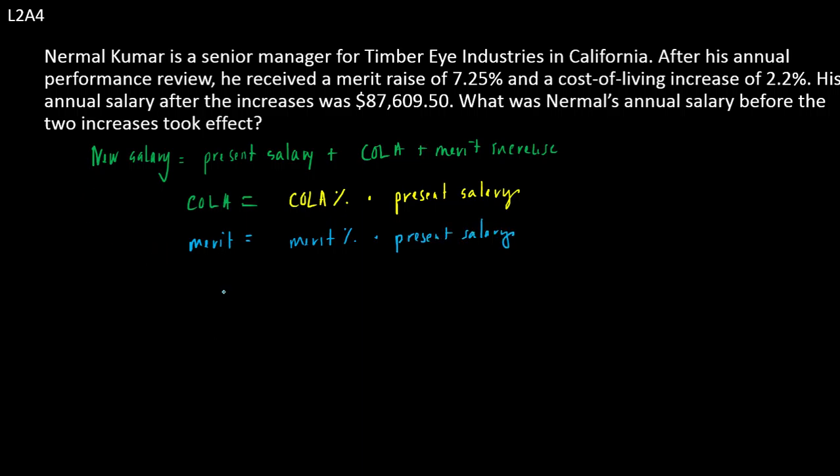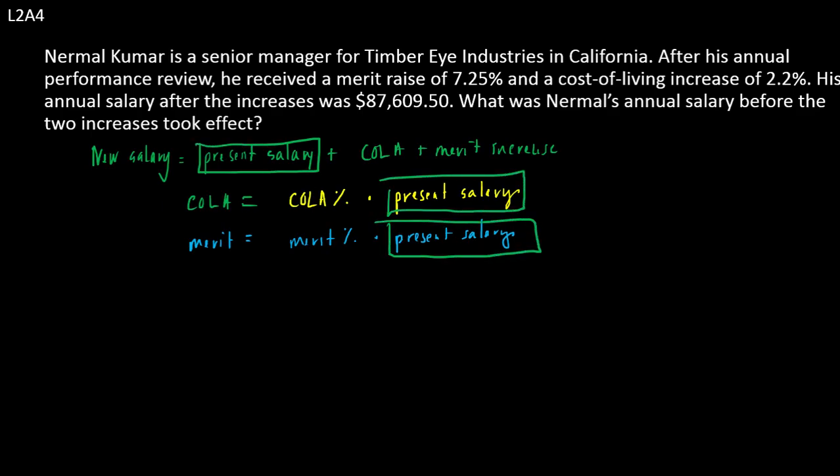So we have all of our equations. Let's plug in what we know and see where that gets us, keeping in mind that our eventual goal is to solve for present salary. So we're keeping our eye on this term.